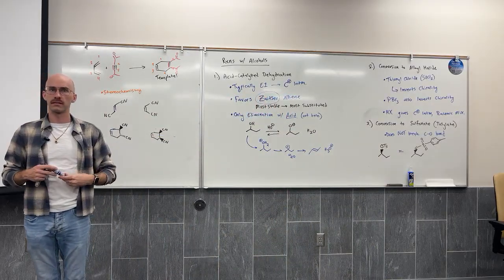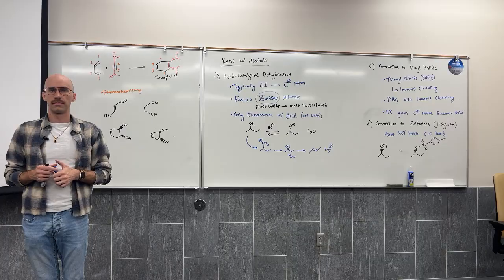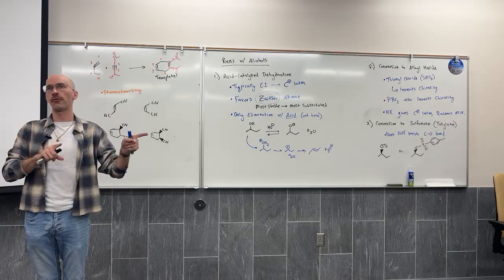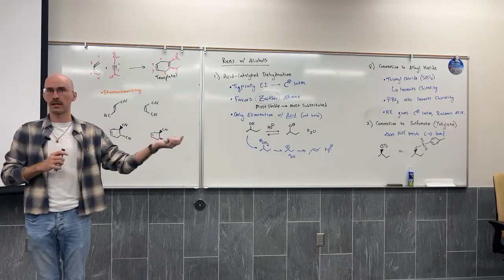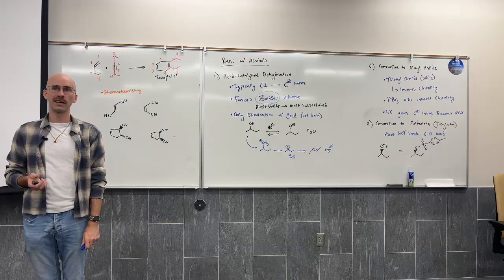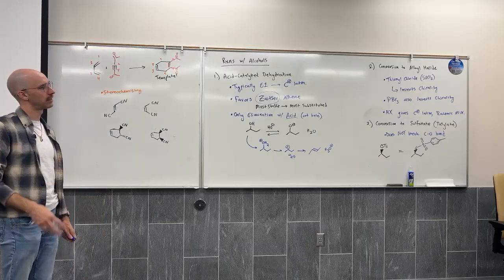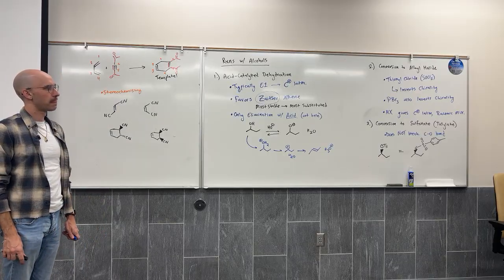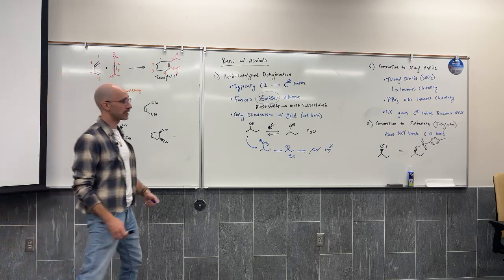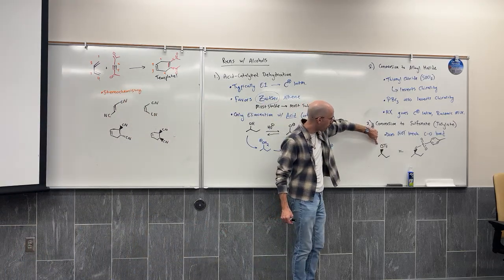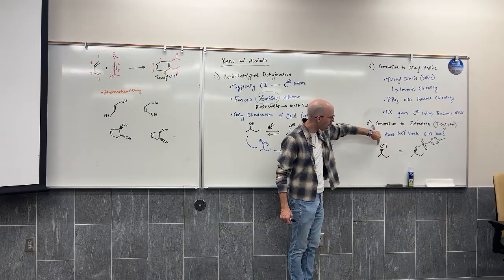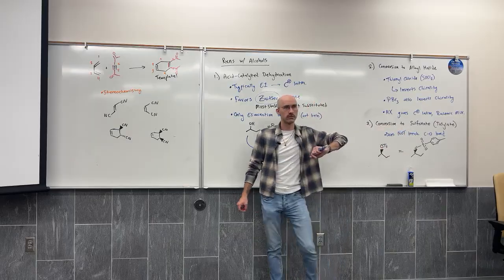Paratoluene sulfonate, tosylate, is how we get that name. Toluene is a name for methylbenzene. And so you can see that the O of OTs was the O of the alcohol.